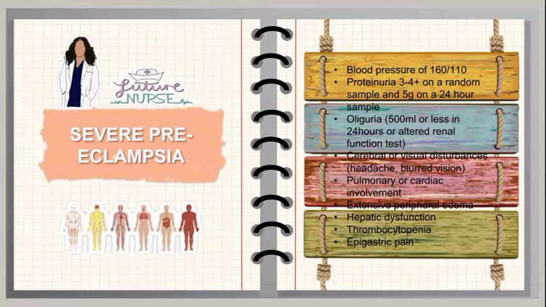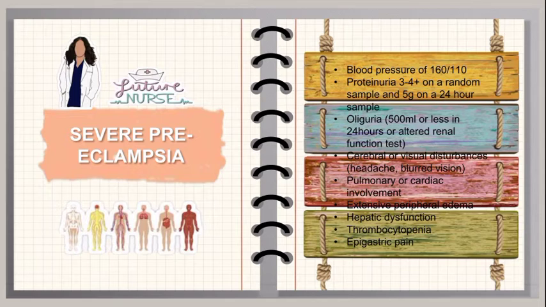Now, let's proceed to severe preeclampsia. A woman has passed from mild to severe preeclampsia when her blood pressure has risen to 160 mm of mercury systolic and 110 mm of mercury diastolic or above on at least 2 occasions 6 hours apart at bed rest, or her diastolic pressure is 30 mm of mercury above her pre-pregnancy level.